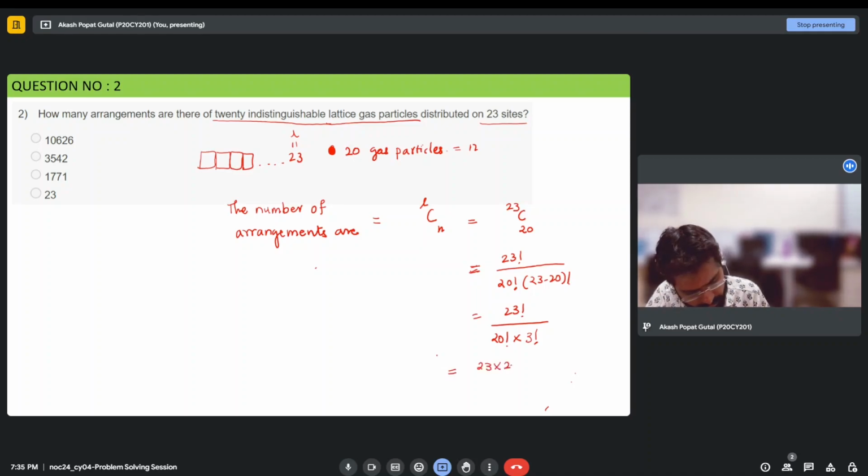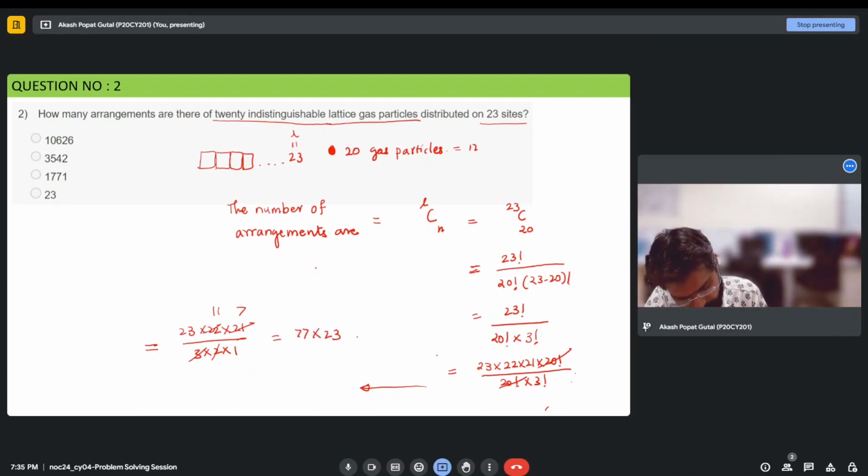So we can get 23 into 22 into 21 into 20 factorial divided by 20 factorial into 3 factorial, which is equal to 23 cross 22 cross 21 divided by 3 cross 2 cross 1, which gives 11 into 7, that is 77 cross 23, which is 1771.